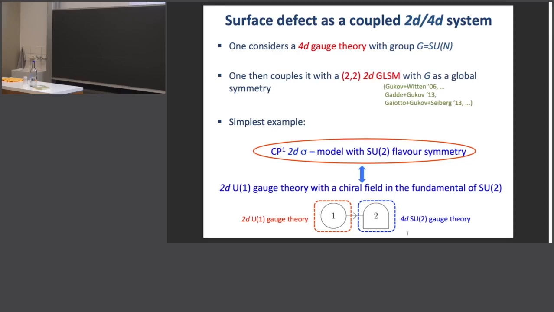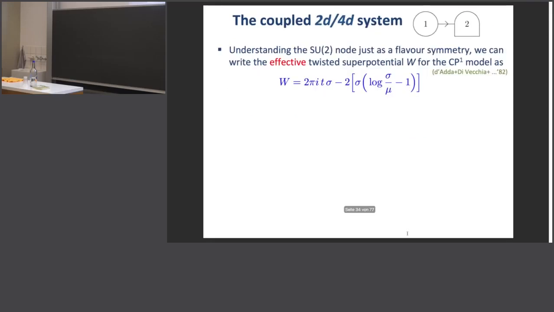And that's why I use this mixed notation in which it is square with right angles, which is the usual way in which you introduce flavor, but also it's round because it's a gauge group, however, in four dimensions. So let me describe this model.